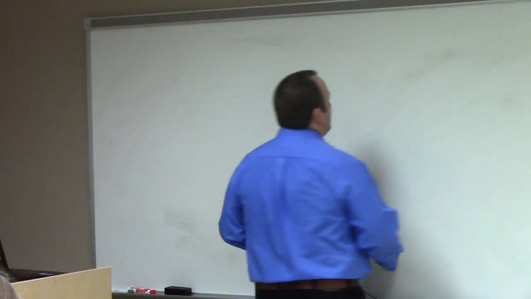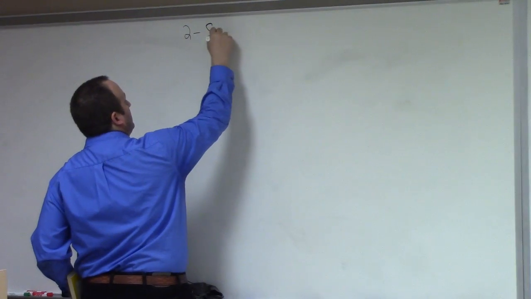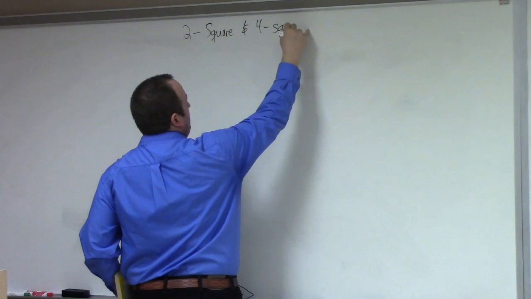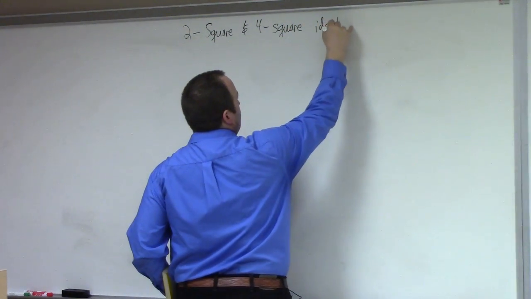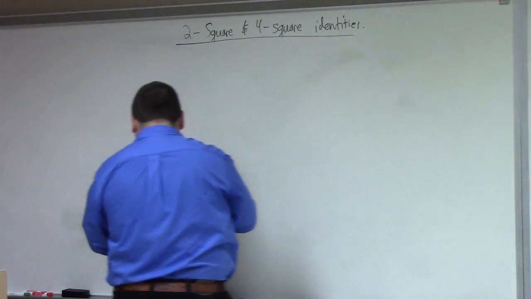So, the last thing on my list of topics was to talk a little bit about the 2 square and 4 square identities. So basically, here's the deal.